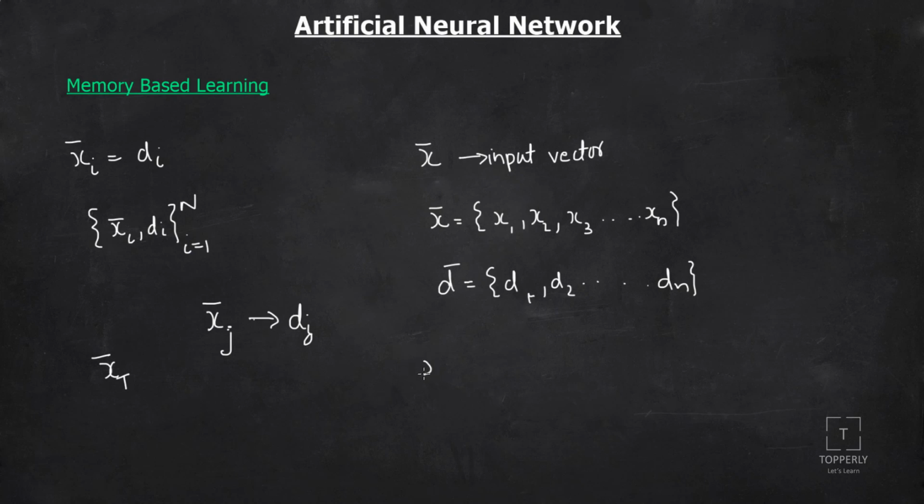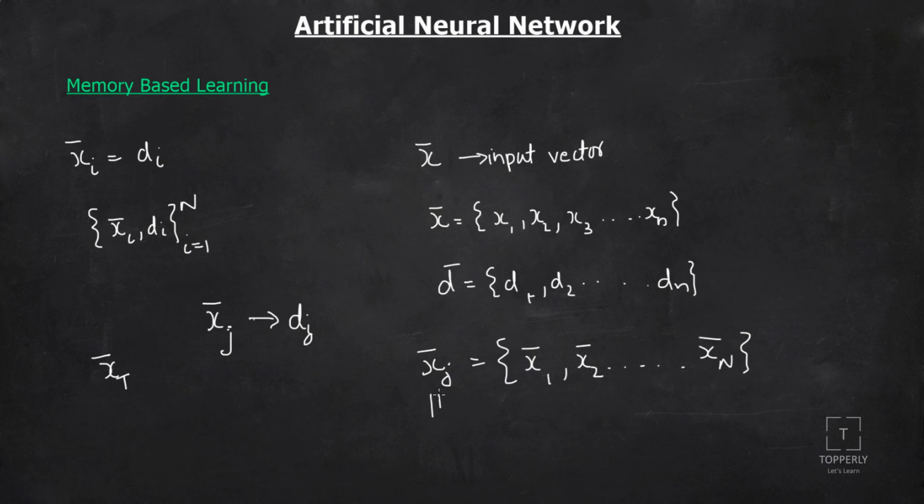To elaborate on this, let xj bar belong to the set of inputs, that is x bar 1, x bar 2, etc. to x bar capital N. Now, how did we determine that xj bar is closest to the test input xt bar? By taking the Euclidean distance between xt bar and all the set of inputs, that is x1 bar, x2 bar, etc. up to xn bar.